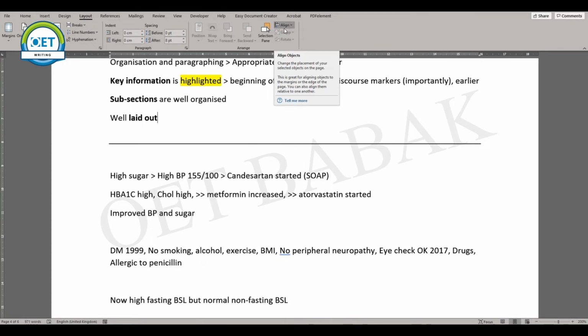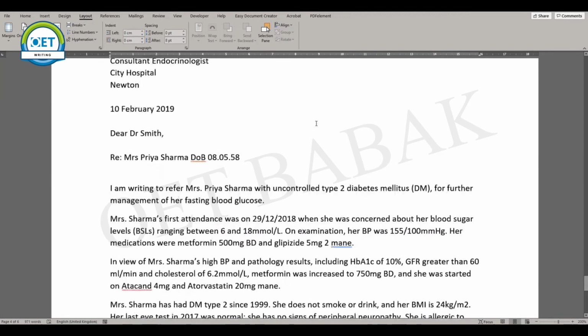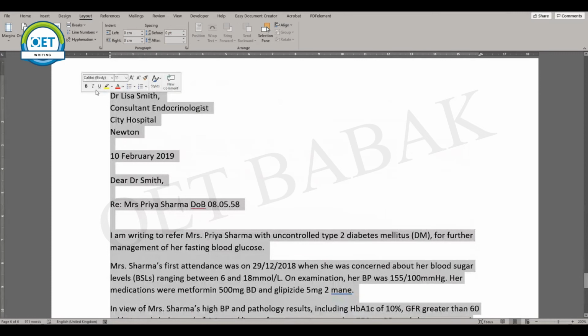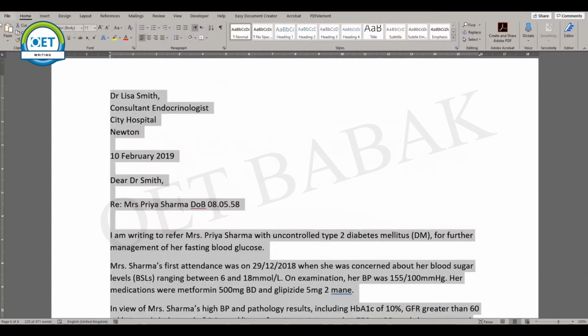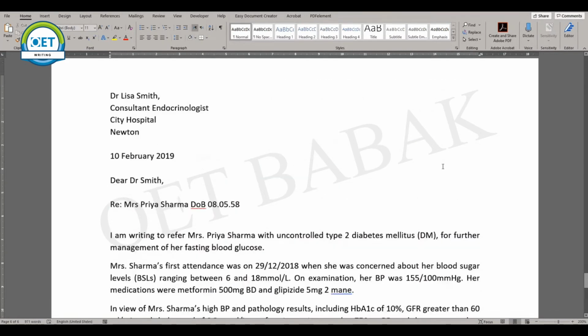So this means that we want this letter to look like a letter, and this is the layout, as you can see. Basically, if I say a letter layout, this is the letter layout.